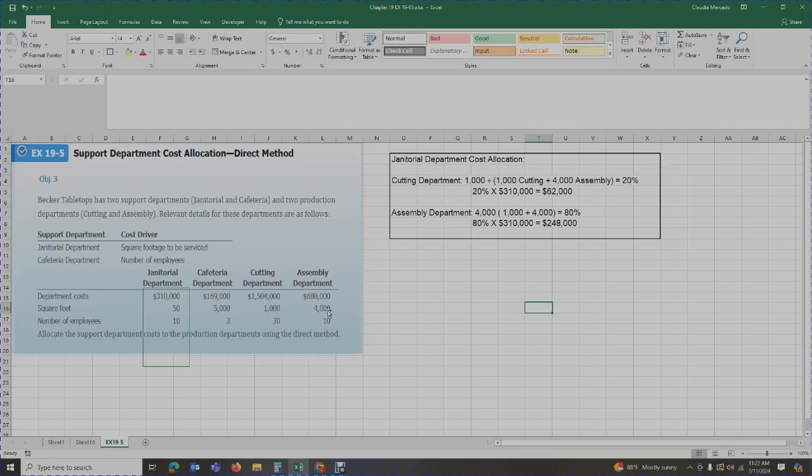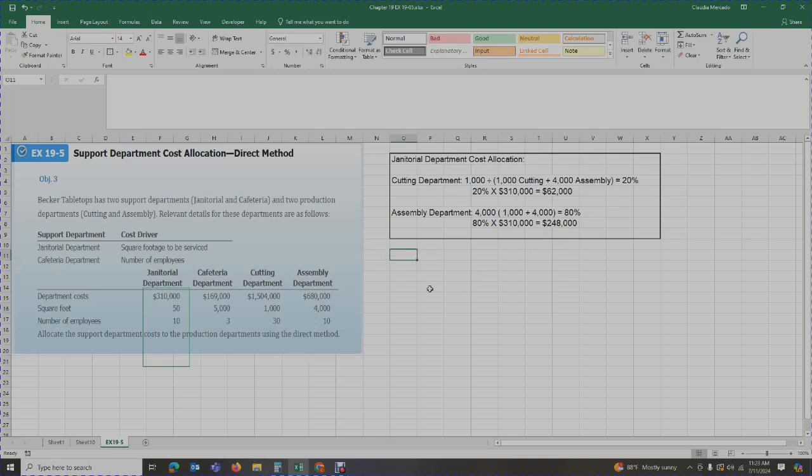The assembly department has 4,000 square feet. That is 80% of the square footage. We got that by adding the 1,000 plus the 4,000, that's 5,000 total square footage, and dividing each department's square footage by it. So that gave us a 20-80 split. The cutting gets 20%, the assembly department gets 80%, and that will be the cost distribution.